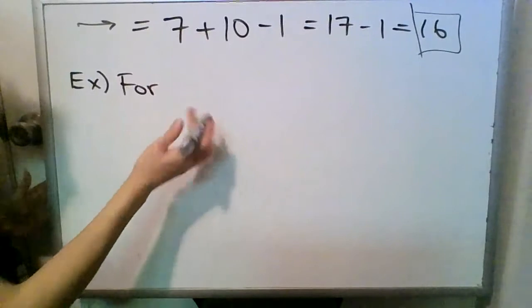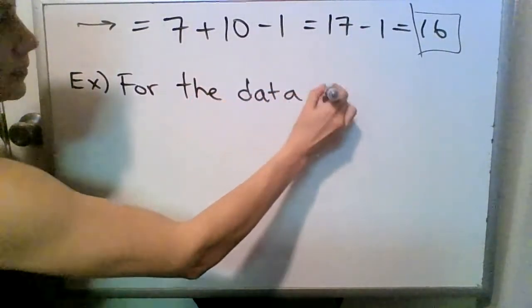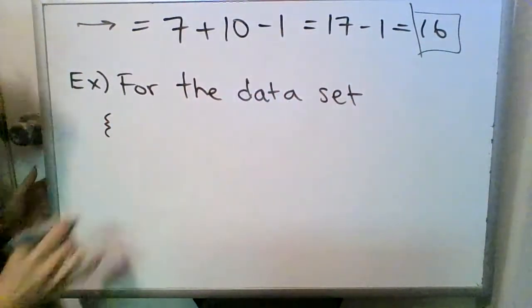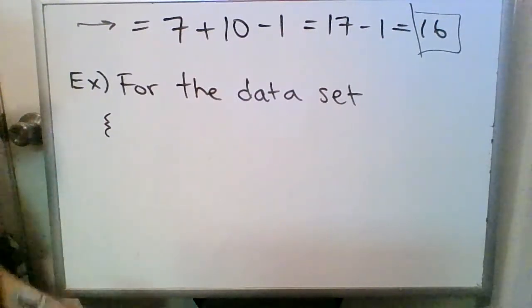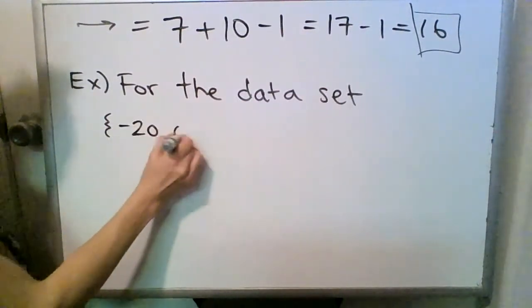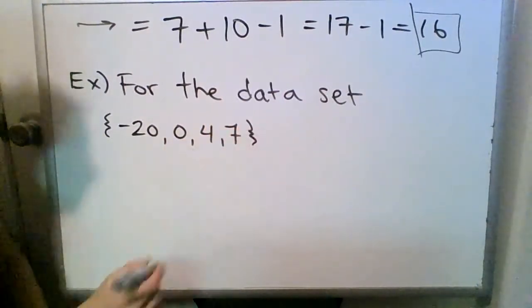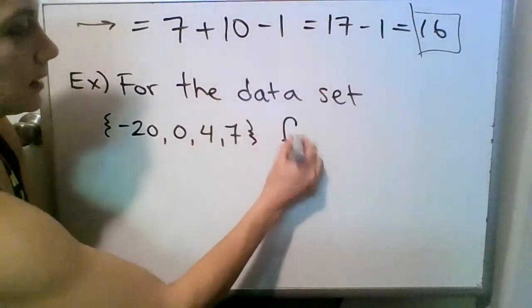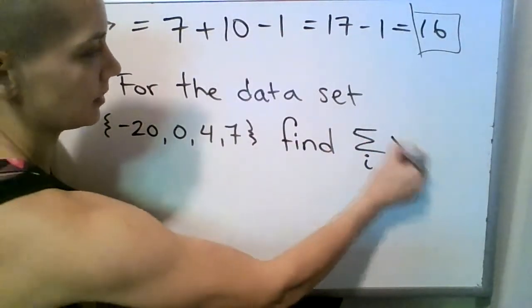For the data set that contains -20, 0, 4, and 7, find the sum of all i for x of i, which is written sum all i for x sub i.